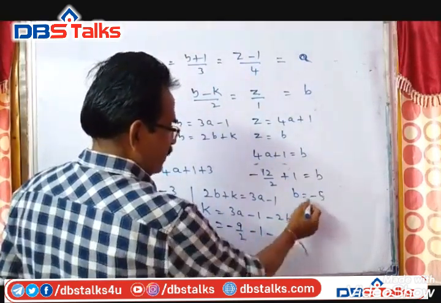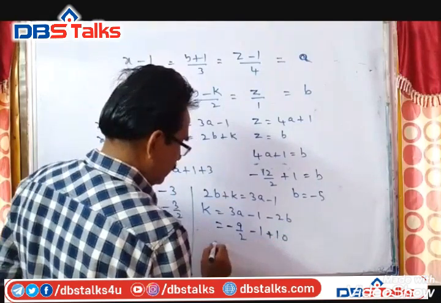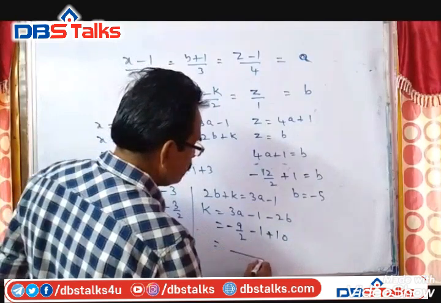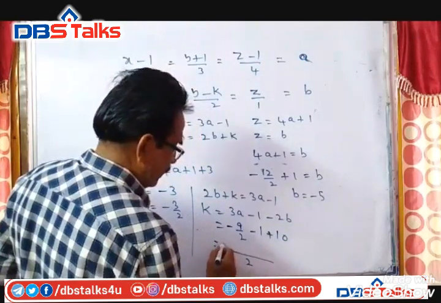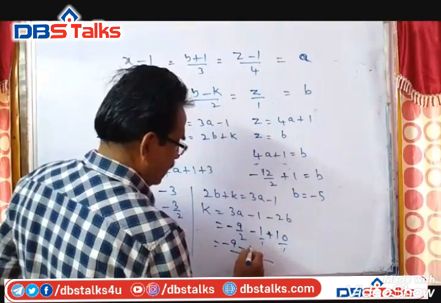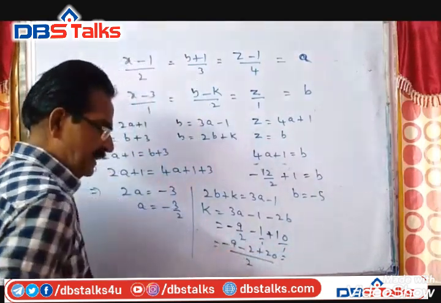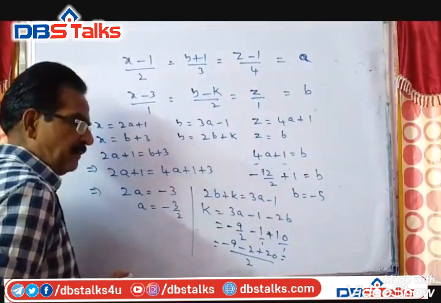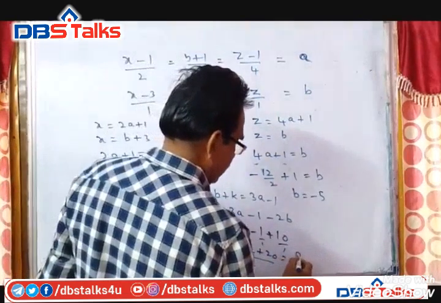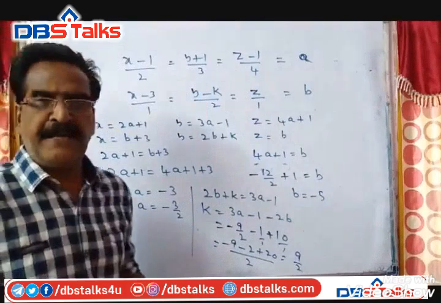B is minus 5, minus into minus 5, plus 10. This is equal to, with LCM 2, minus 9 minus 2 plus 20, 20 minus 11, 9. K is equal to 9 by 2, friends.